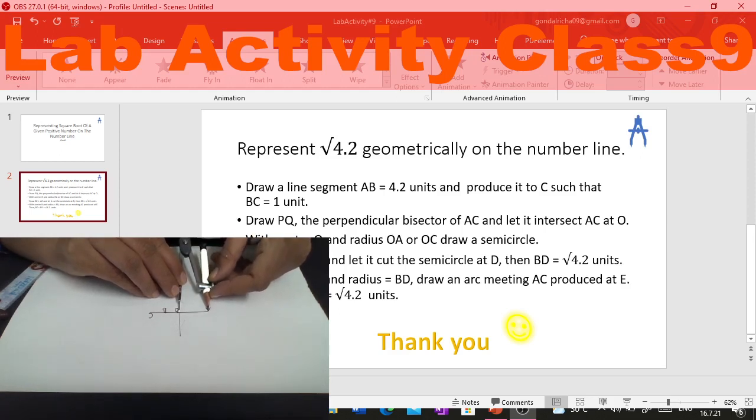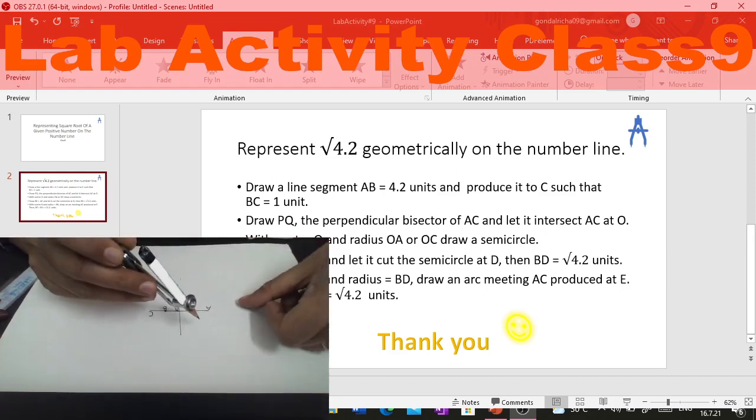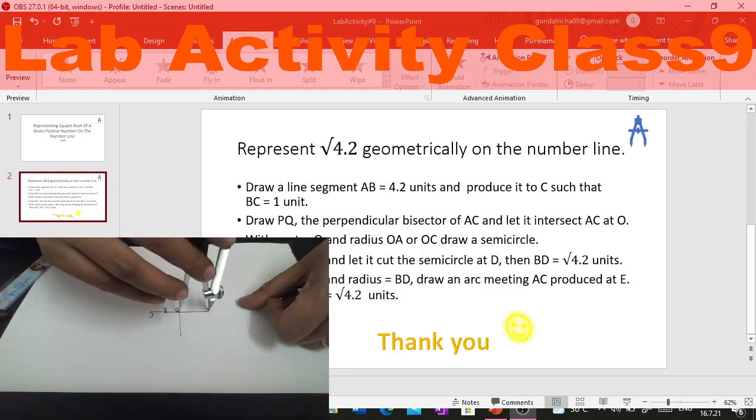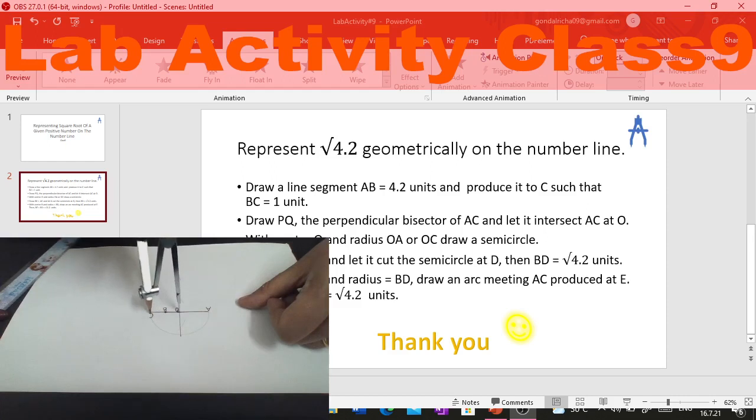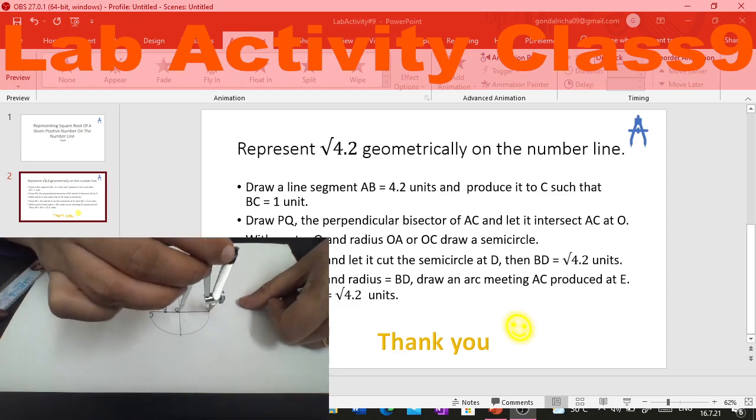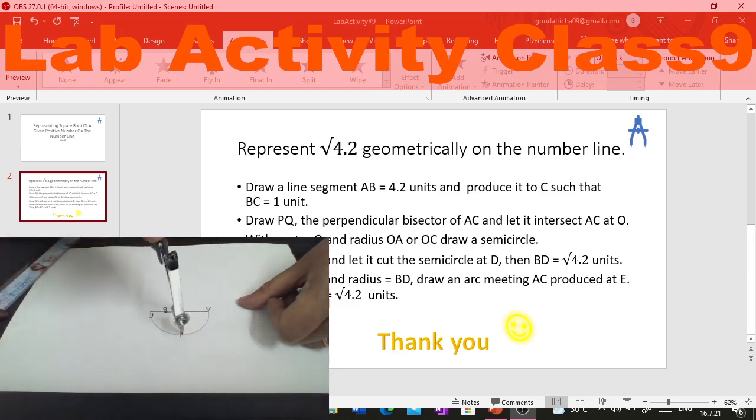Like this I have taken OA radius and keeping the needle pointer at point O, I have to draw one semicircle like this.